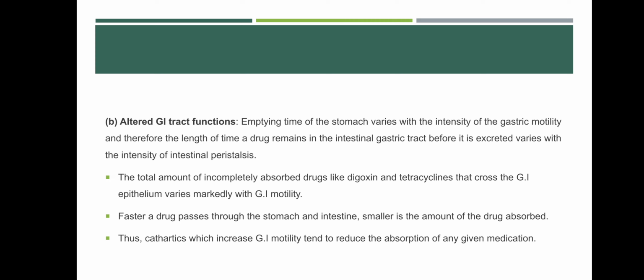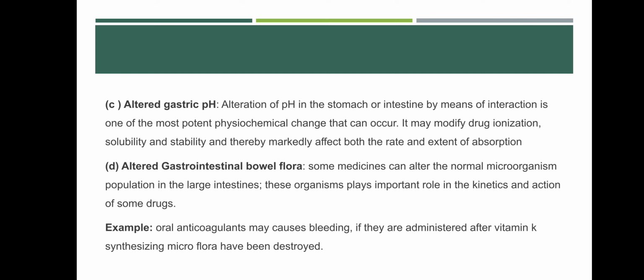If a drug passes faster through the stomach or intestine, smaller will be the amount of drug absorbed. So cathartics increase the GI motility and thus reduce the absorption of any given medication.